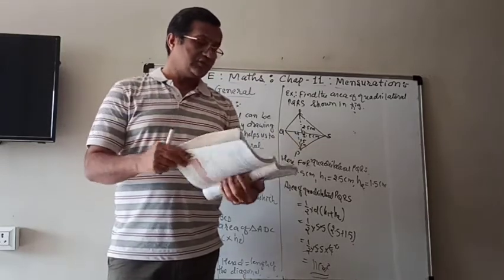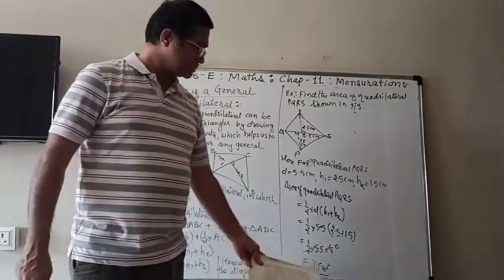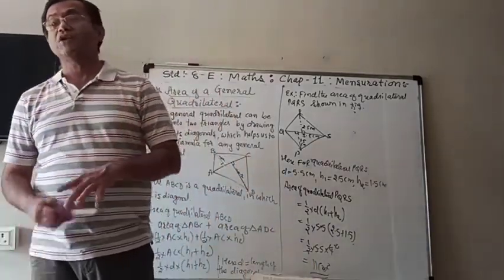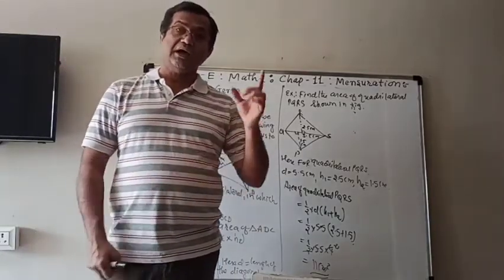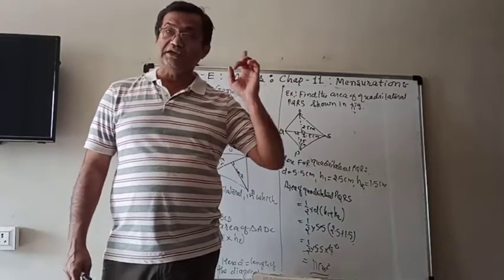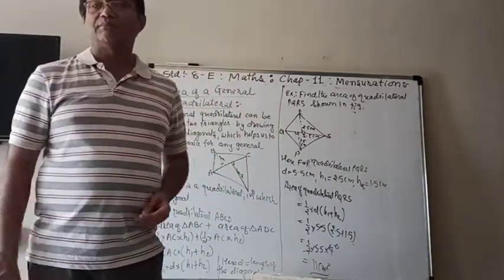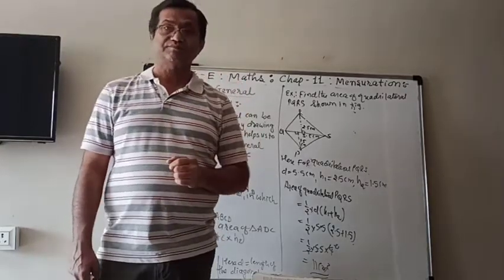So we learned today two new formulas. What did we learn today? First we learned the area of a trapezium. And what is the formula for it? Half into height between the parallel lines multiplied by sum of its parallel sides.